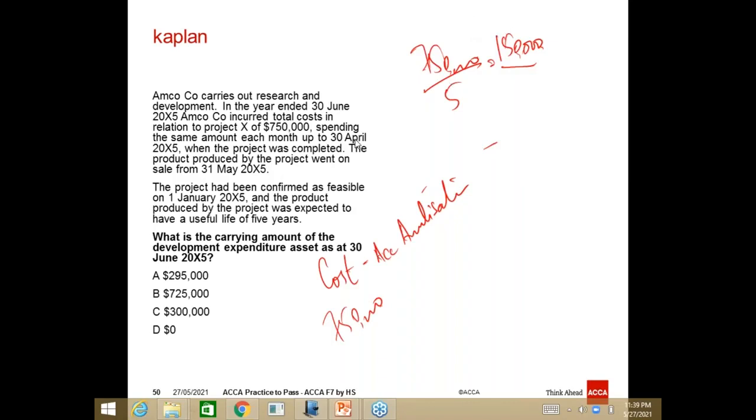The project was completed in April. So 1,50,000 multiplied by 2.